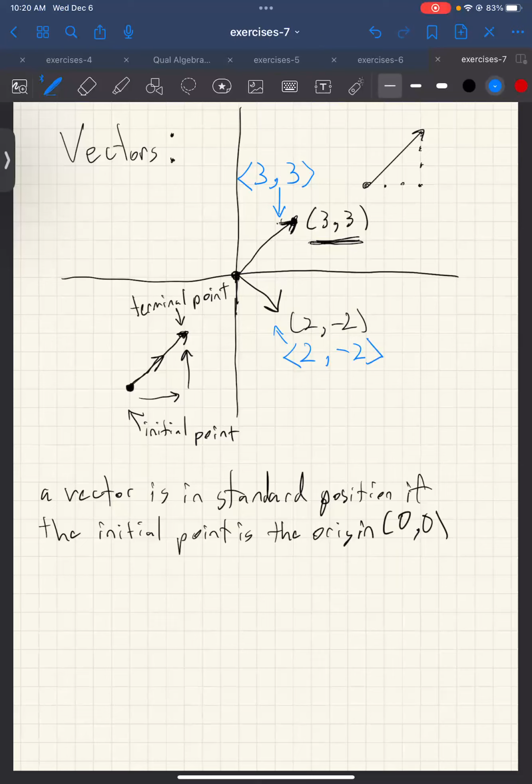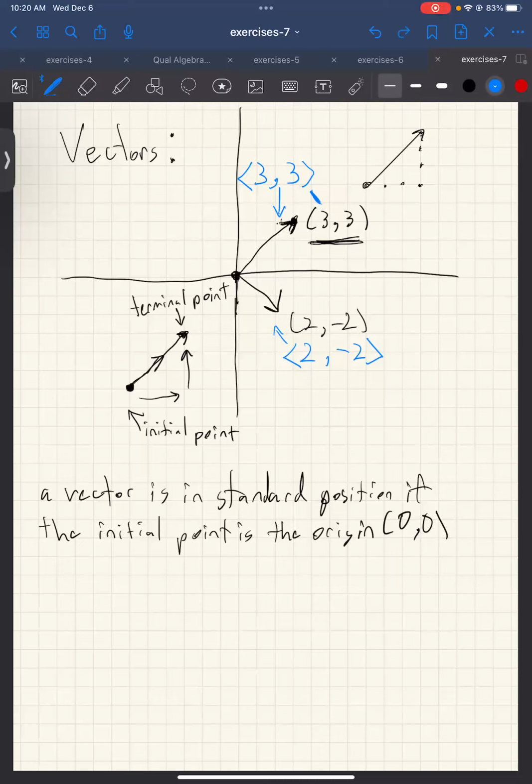And to that end, I think it's very clear why we like to draw our vectors in standard position, because then it ends in the exact same coordinates that go into that component form of the vector. So this is a very natural way of describing our vector, and very great.